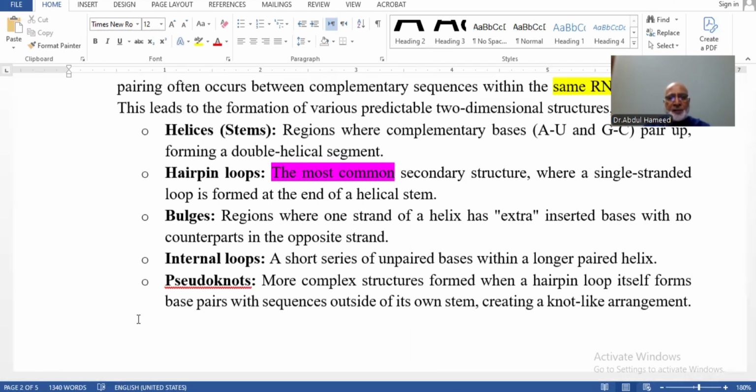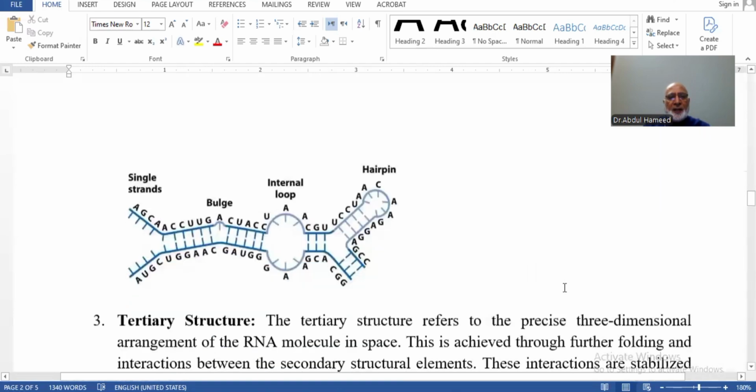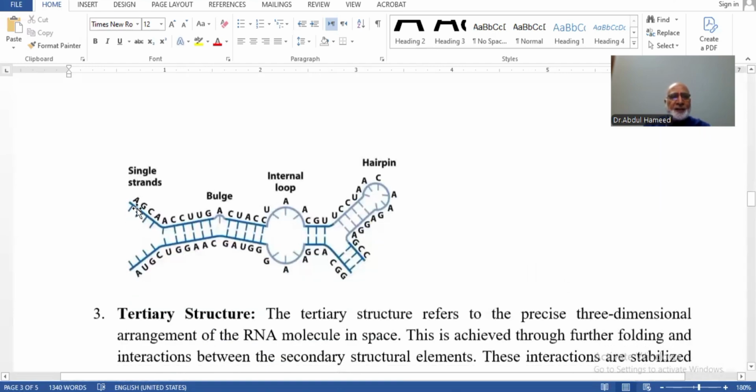Pseudoknots are the most complex structure, where a hairpin loop itself forms base pairs with sequences outside of its own stem, creating a knot-like arrangement. So this is a sketch showing the four types of interaction: single strand, bulges where there is no counterpart, and internal loops.